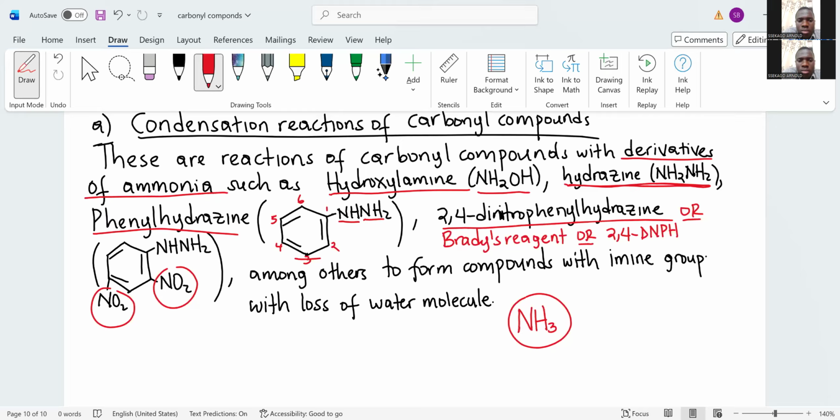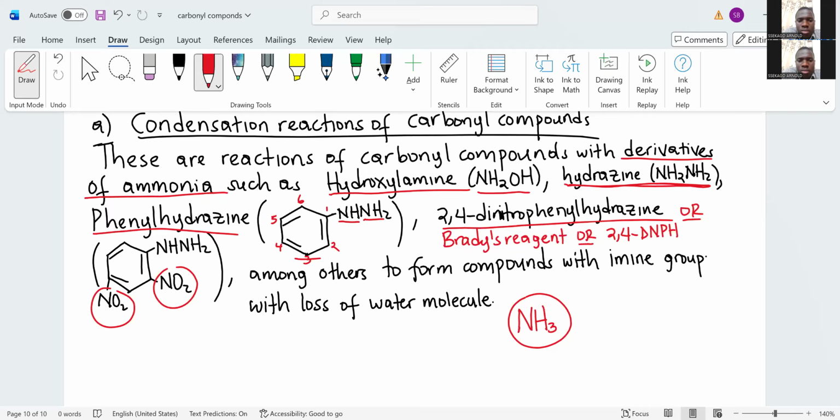So there are many others. However, if you look at the course outline or the syllabus book, they are stressing only two, that is hydroxylamine and Brady's reagent. However, I want to comfort your hearts and tell you that once you know how they react with hydroxylamine and Brady's reagent, automatically you know how carbonyl compounds react with other derivatives of ammonia.